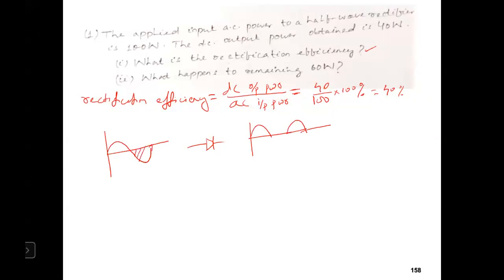Because this negative half cycle is actually not transferred, because this diode is transferring in one way only. So it is not that this negative half cycle is lost somewhere or consumed somewhere unnecessarily. It is not like that. It is just blocked.